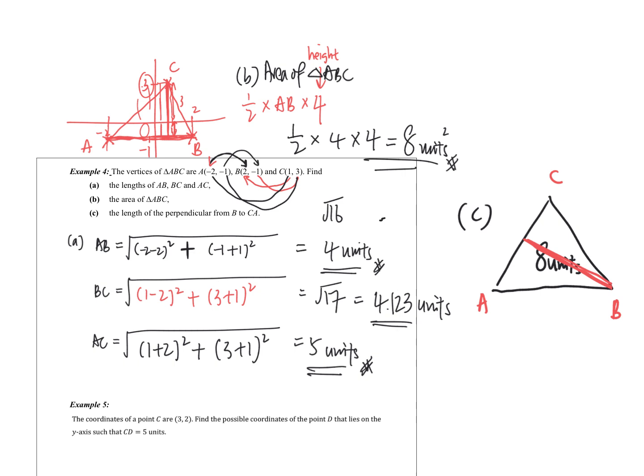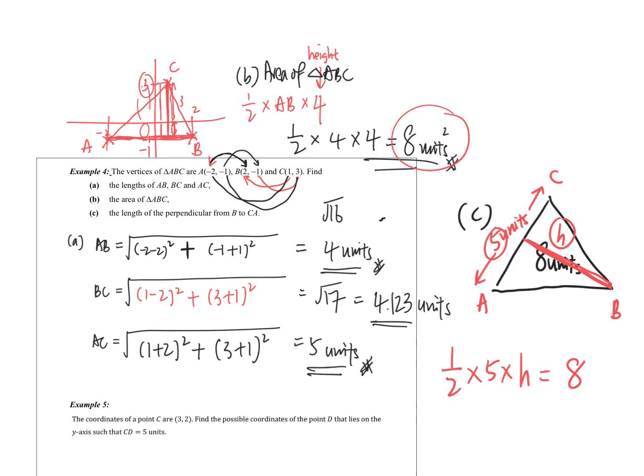But you know the base is 5 units, right? So how do you think we can approach this question? We can use the area formula. Half times base times the perpendicular height will give you 8. Because it's the same triangle, I already found it to be 8 units square.